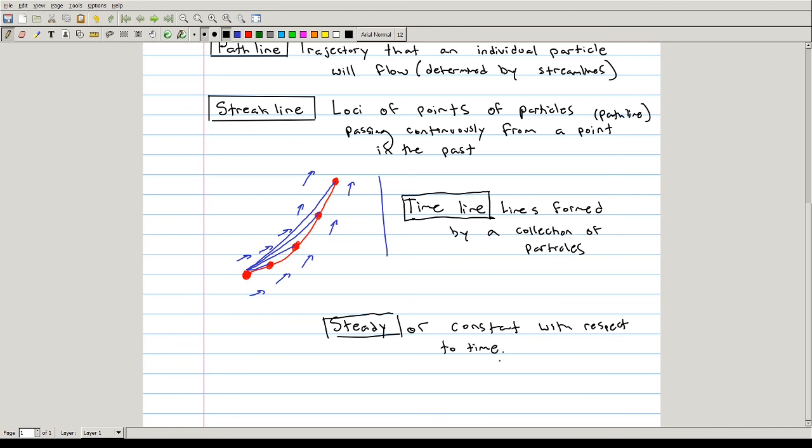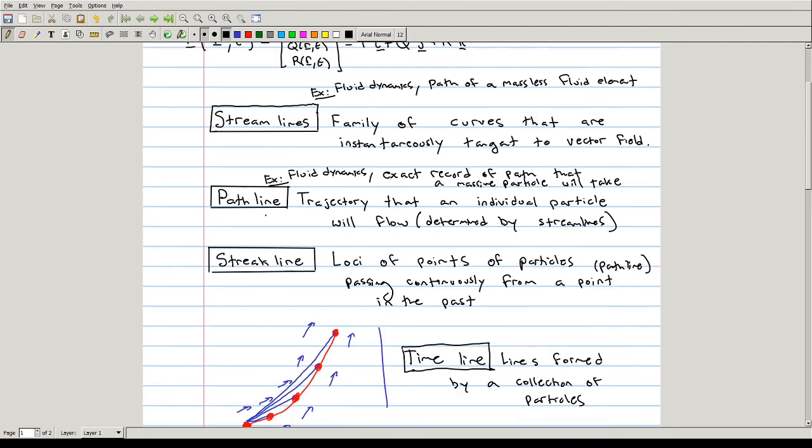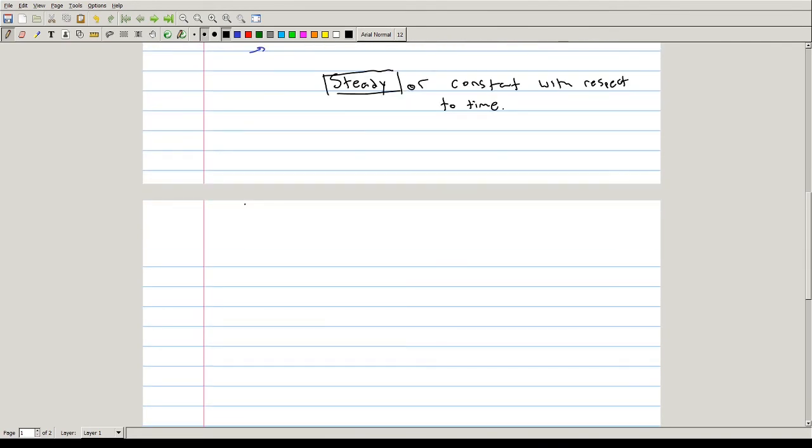And what's nice is that with fields that are constant with respect to time, streamlines, path lines, and streak lines all correspond to one another, which is very neat and very useful in terms of understanding how to actually compute these. But in general, even for non-steady flow, it's possible to determine each one of these, and each type of curve is very useful for understanding how a given vector field is behaving, and specifically how the flow of that vector field is evolving.